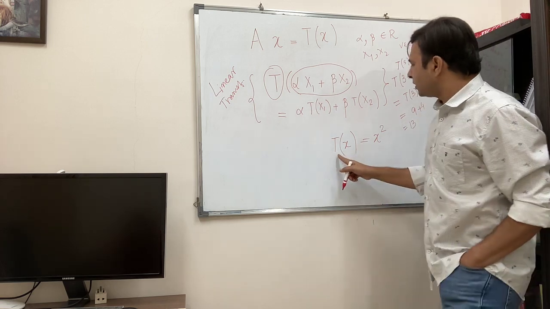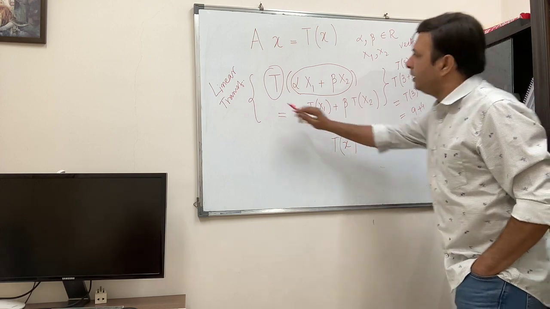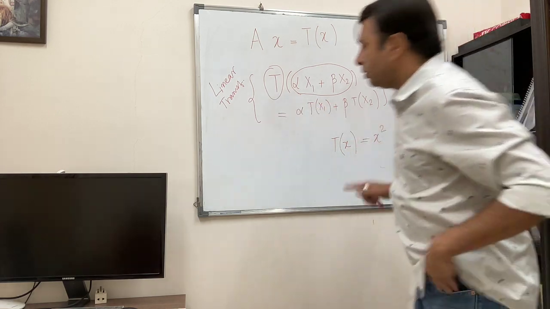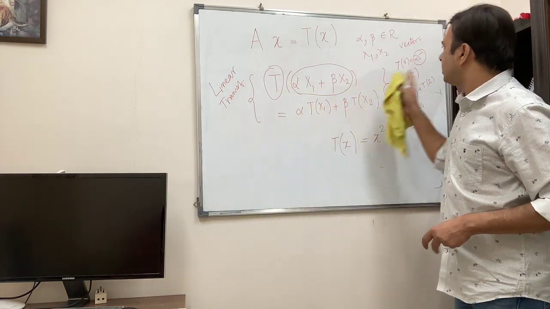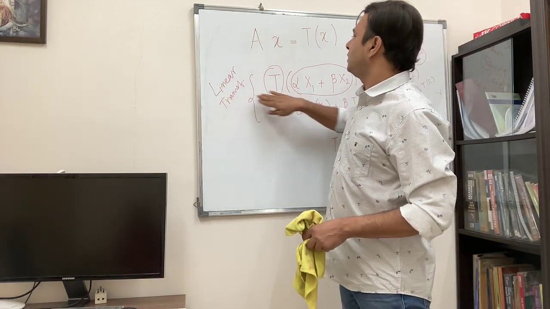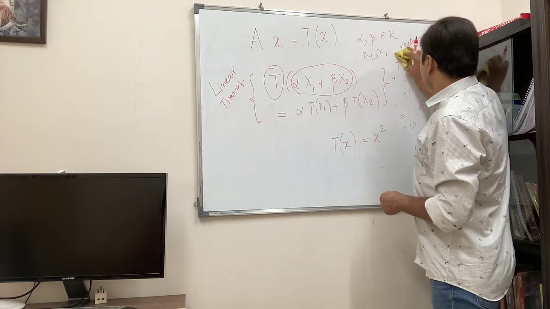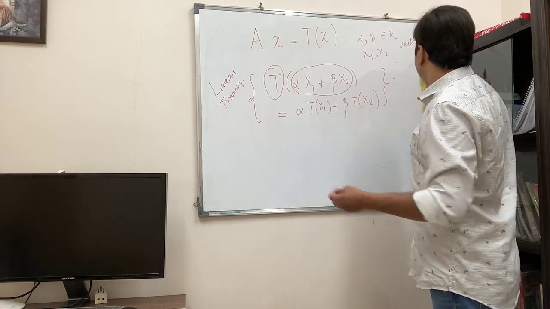So this transformation where you demand that everything gets squared is not a linear transformation. Whenever this does not hold, it is not a linear transformation, but we are interested in cases where it is.